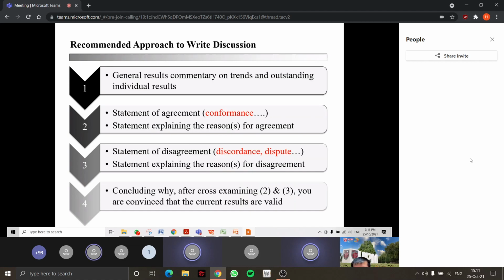Now, let's suppose we have a result saying that increased rainy frequency decreases CGPA results. When you want to write discussion, always refer the discussion to a specific result.